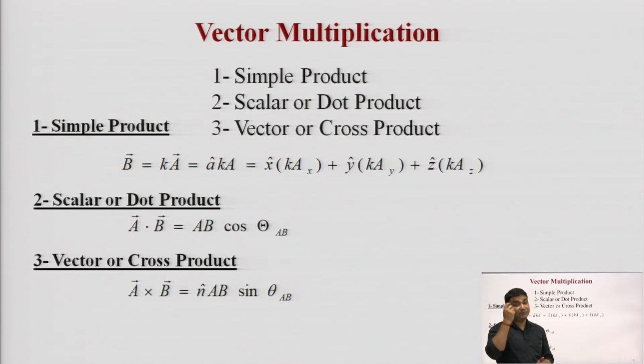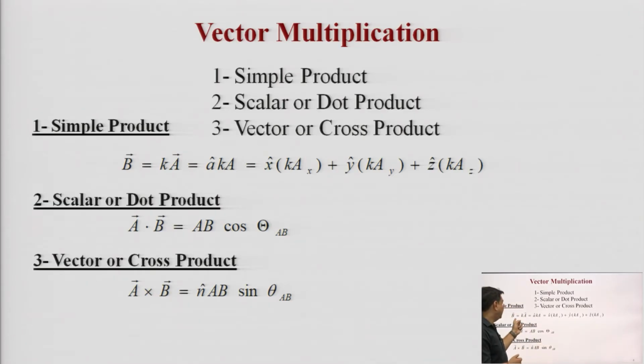First one is the simple product, which means a scalar quantity is multiplied with a vector quantity. This is called the simple product, where a scalar quantity is multiplied with the vector quantity.